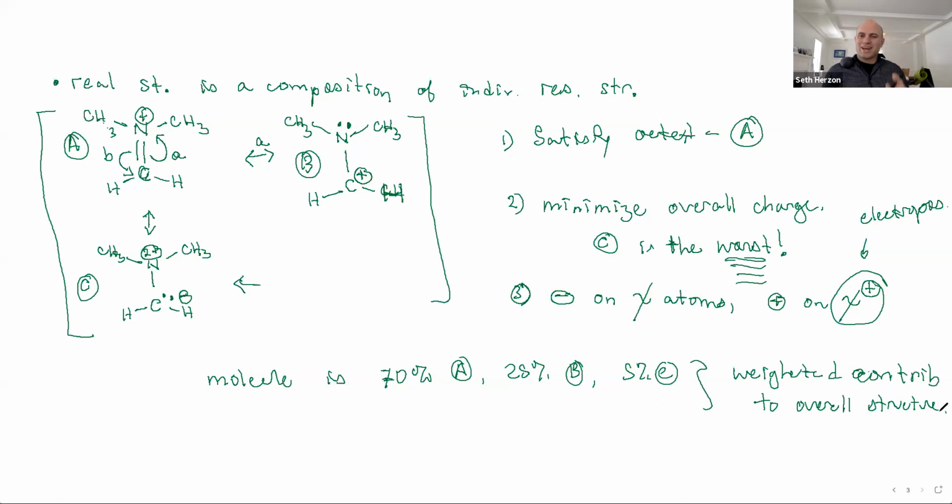And I'll say it one more time. I'm talking about one molecule, okay? This is not to say I've got an equilibrium with 70% A and 25% B and 5% C. Not the case, not the case. I've got one molecule and it looks a lot like A, a little bit like B, and even less like C, okay?